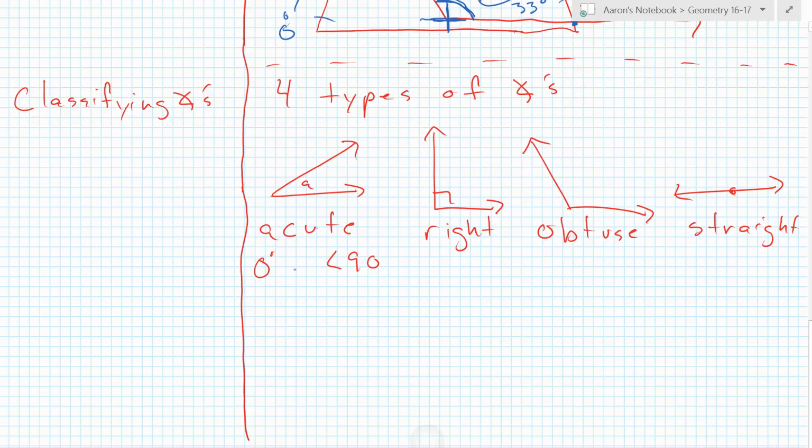And I'm going to call this angle A. Right angles are equal to 90 degrees. Obtuse angles are greater than 90 degrees. And straight angles are 180 degrees. Straight angles are also known as lines, line segments, or rays.